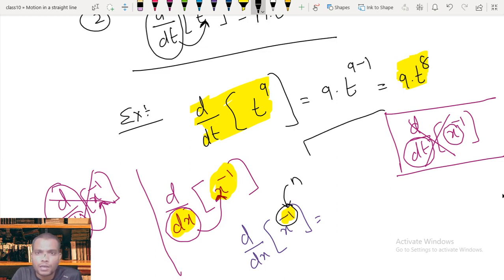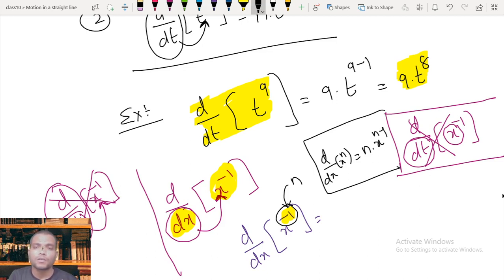The formula is d by dx of x power n is equal to n times x power n minus 1. In place of n I write minus 1, so minus 1 times x power minus 1 minus 1, which gives minus 1 x power minus 2, which you can also write as minus 1 upon x square.